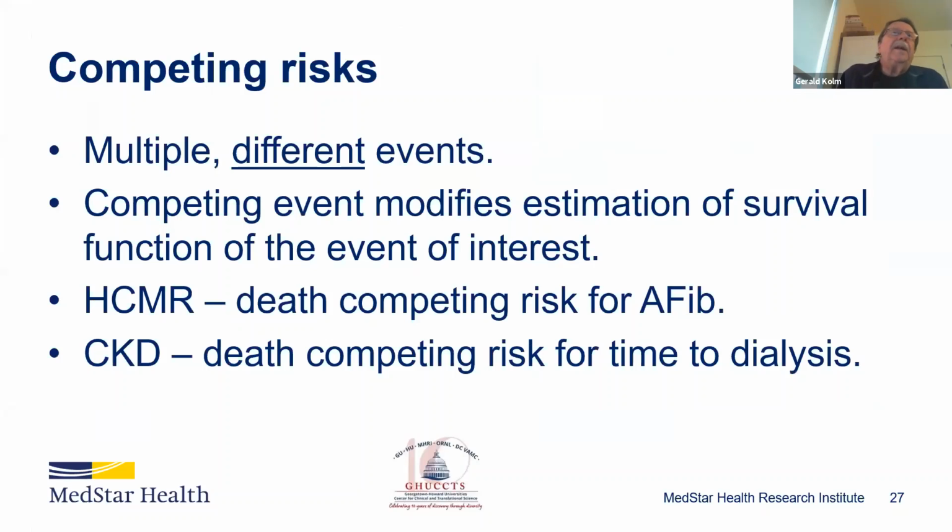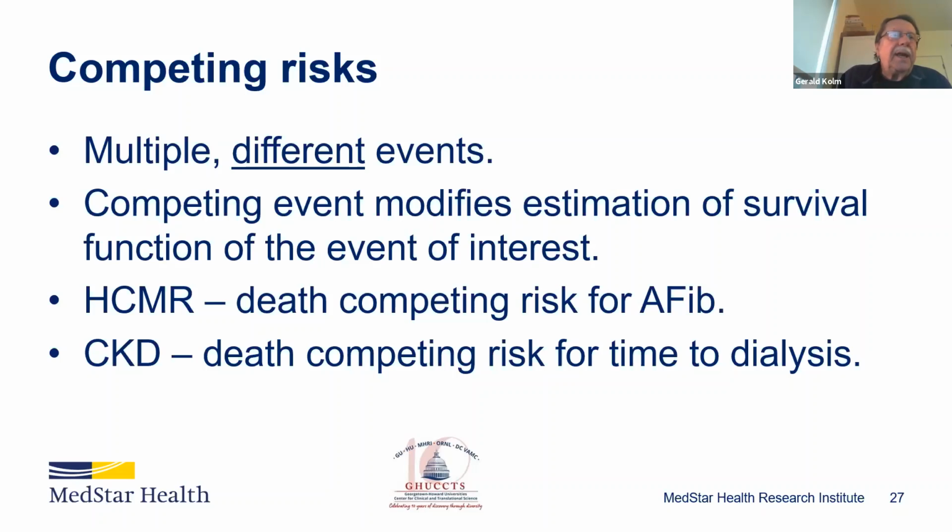Okay, then what I want to focus on next is the concept of competing events or competing risks. And so now we have multiple events, but they're actually different events. And the competing event modifies the estimation of survival function of the event of interest. And so in our HCMR study of atrial fibrillation, death was considered a competing risk.